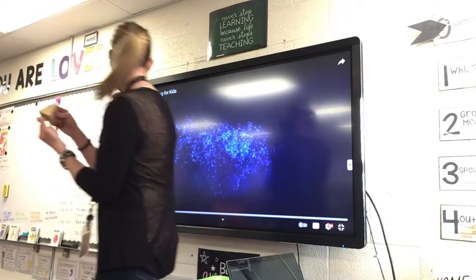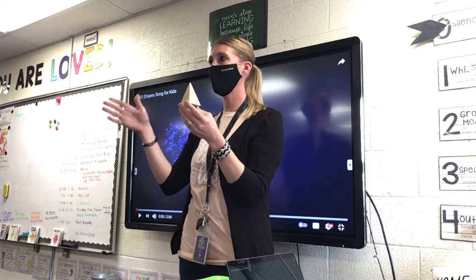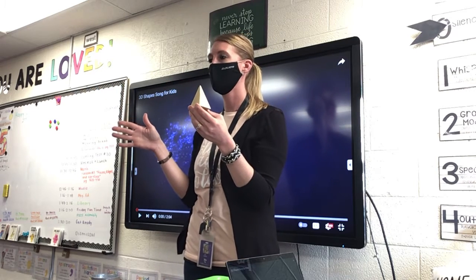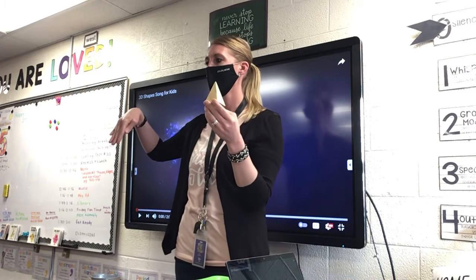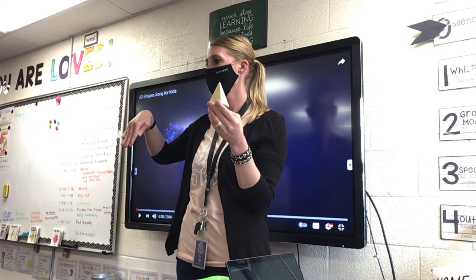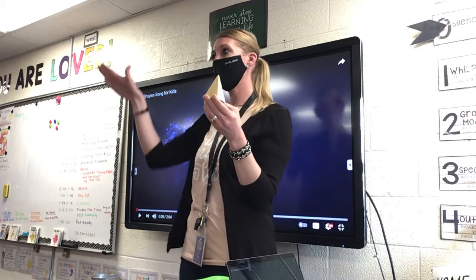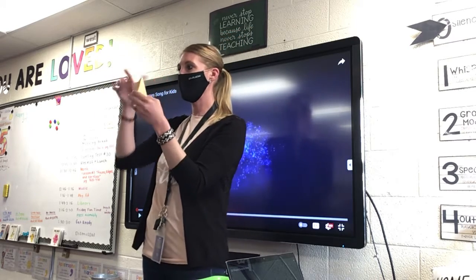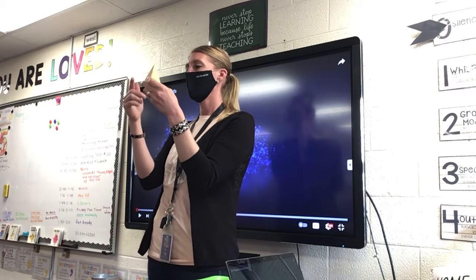Now, when I talk about the edges, put your hand on the edge of your desk and make your hand go all the way around the edge of your desk. The edge of your desk is where the top meets the side, and that's the same with edges.